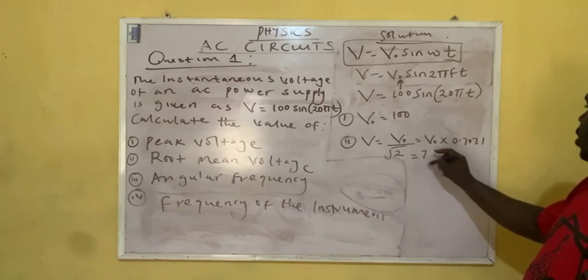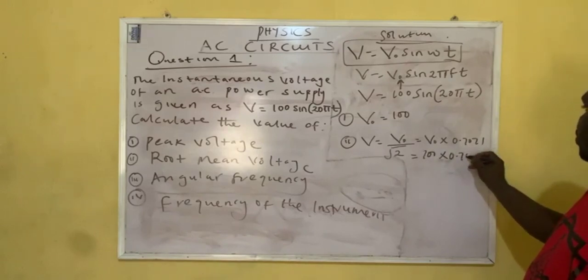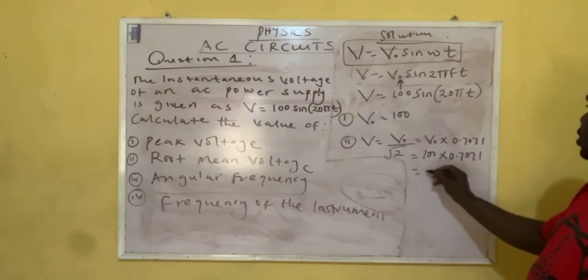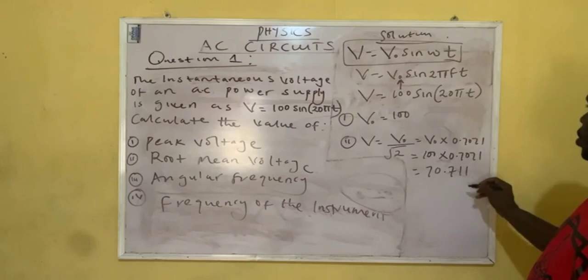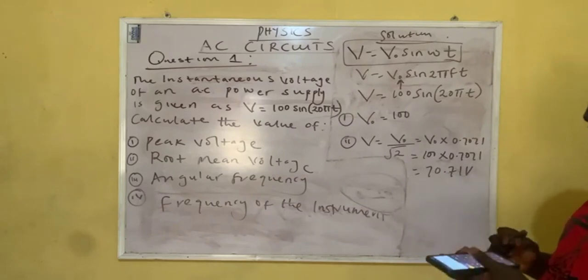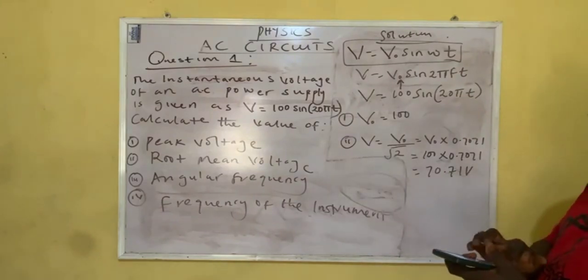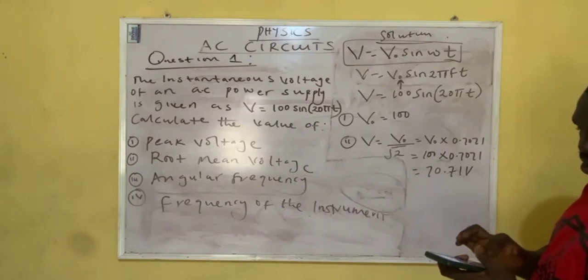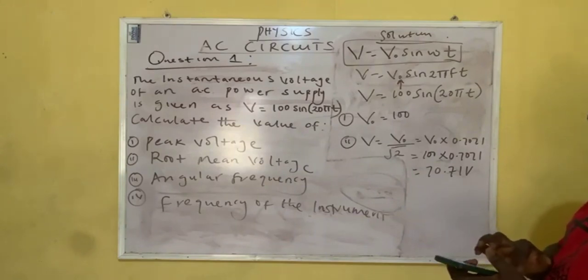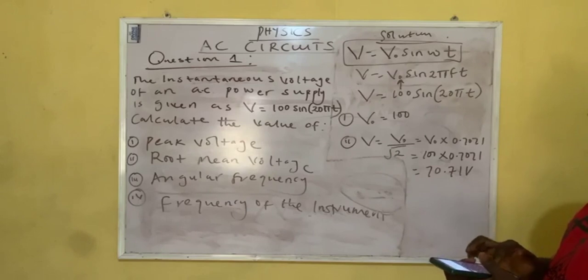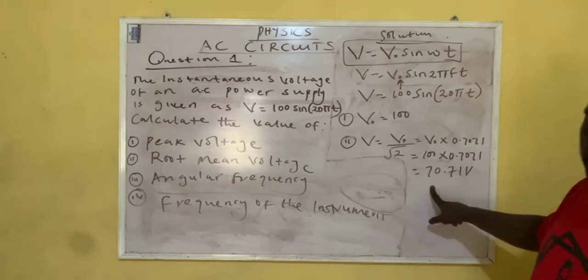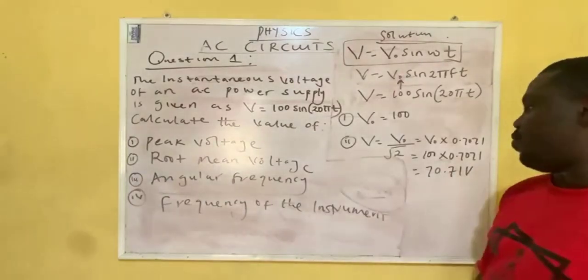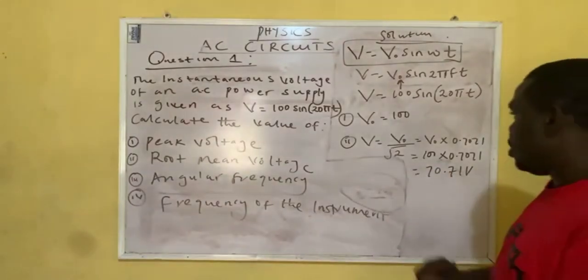And so we have 100 multiplied by 0.7071. And with the calculator here, in case you are in doubt, I'll also punch my calculator. So that's what I have, 70.71 volts.